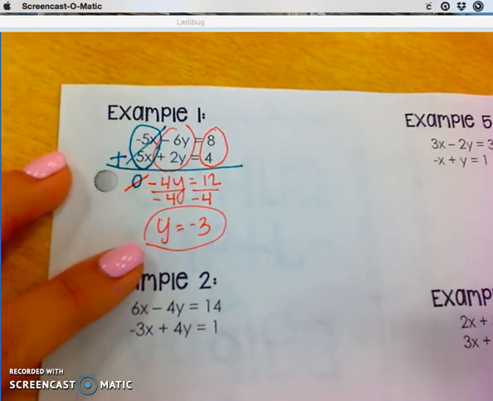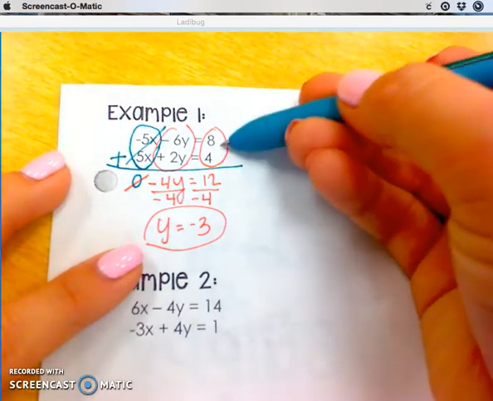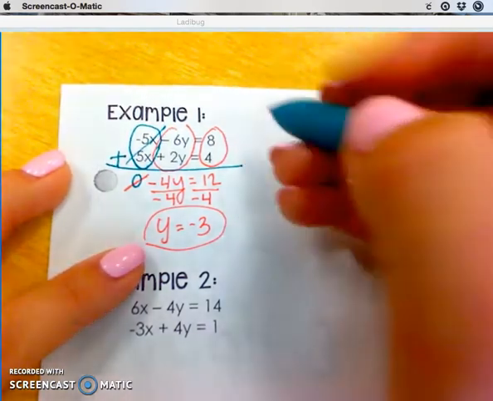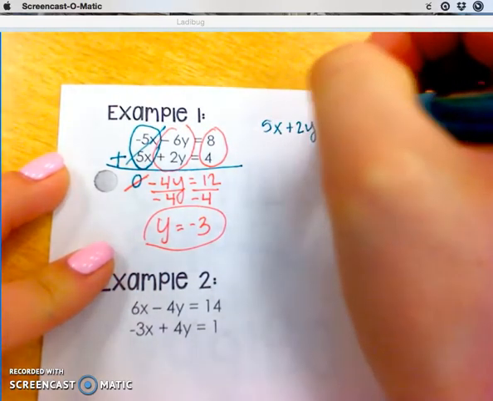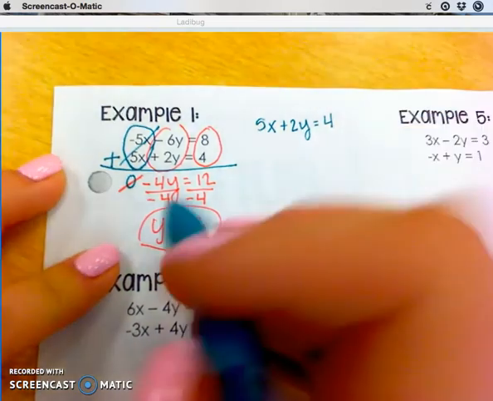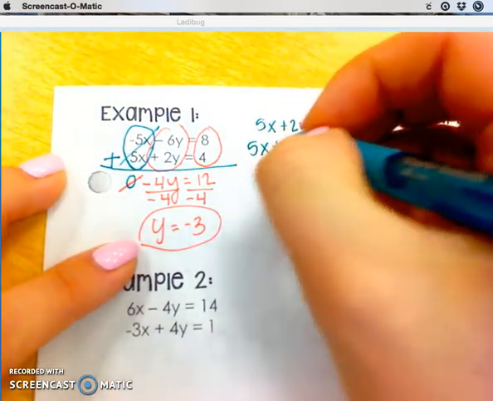Now step 5 says to substitute this back into either equation. I'm going to put it into the bottom one because there's no negatives. That just makes my life easier. This says that y is negative 3, so it's going in the place of y.